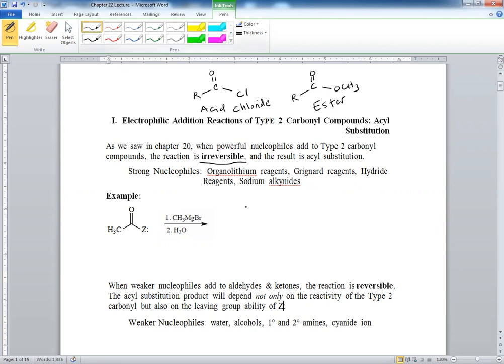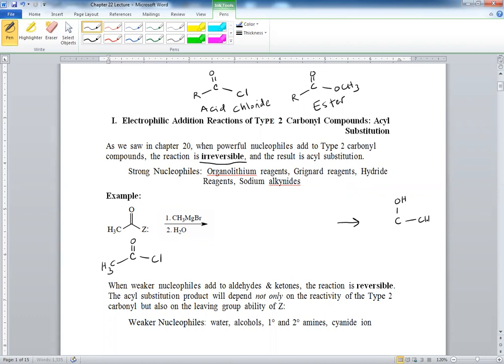If we reacted the carboxylic acid derivative with CH3MgBr, let's say we have the acid chloride, the reaction went all the way, and I'm going to draw a last arrow here at the end, to making the alcohol.